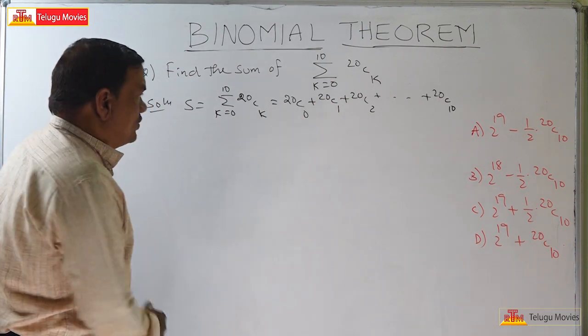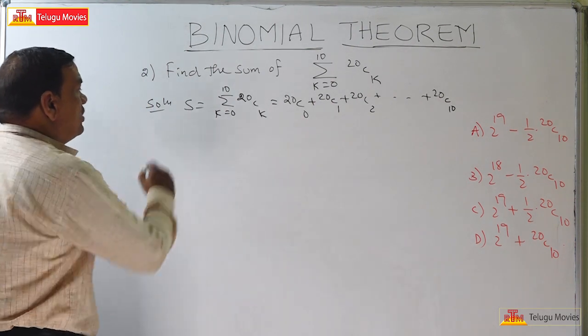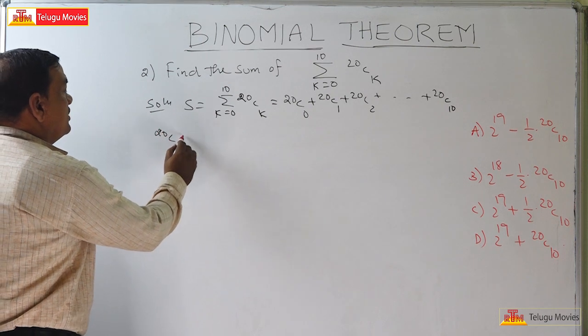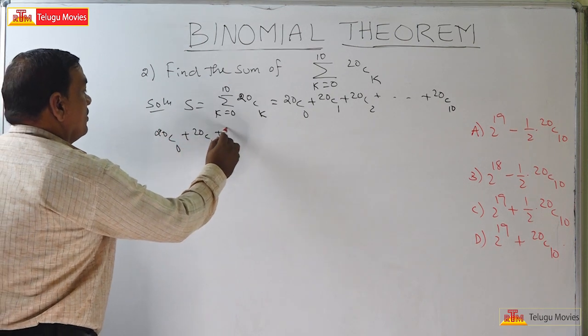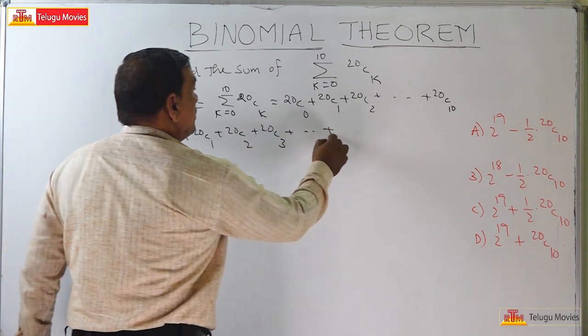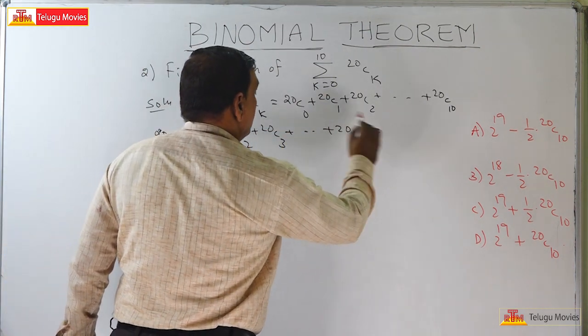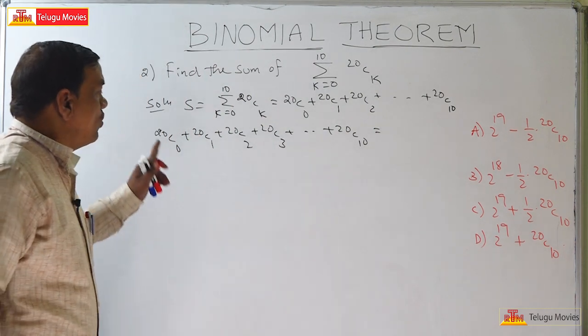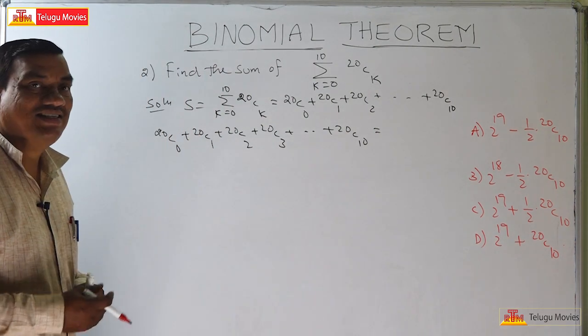Let us see this solution. We know that 20C0 plus 20C1 plus 20C2 plus 20C3 plus so on up to 20C10. Here we have 0, 1, 2, 3, so on up to 10.